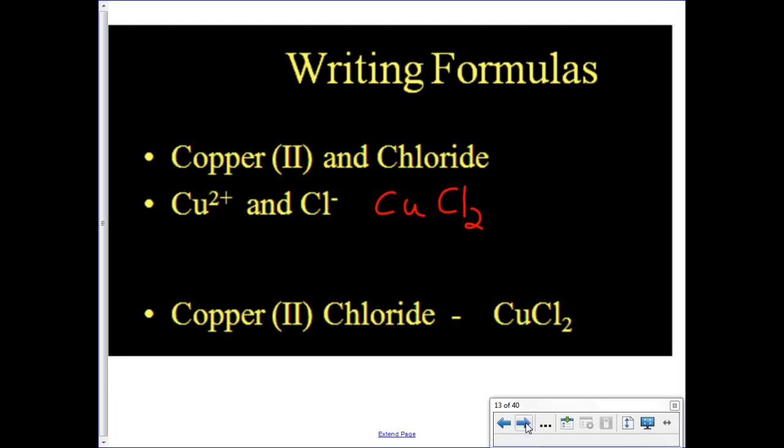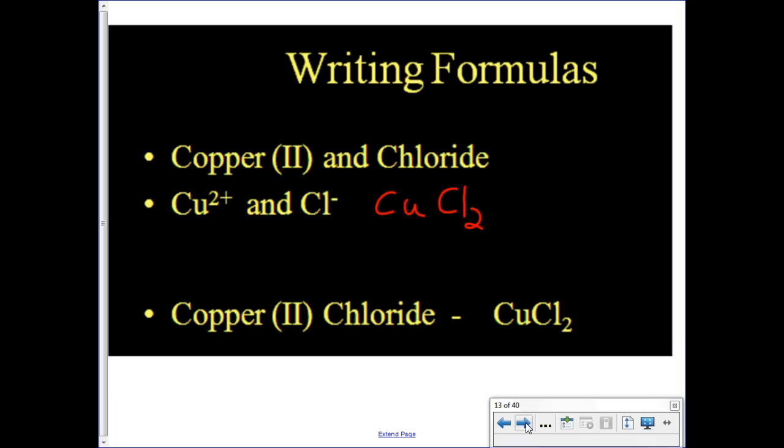All right, so, looks like I already did this one, but this is an example. If we have copper 2 and chloride, that means copper 2 has a positive 2 charge. And then we know that chloride is a group 7A element, so it has a negative 1 charge. The formula would be CuCl2.